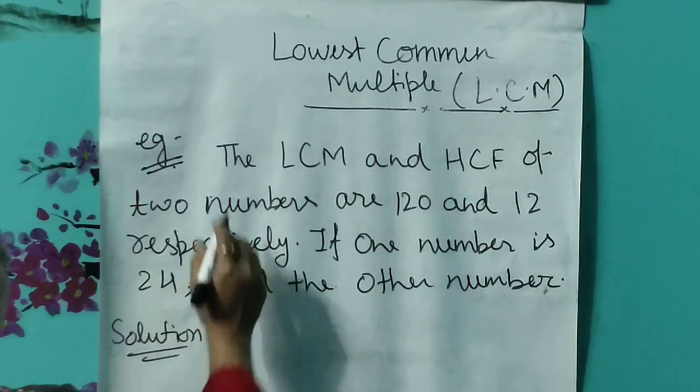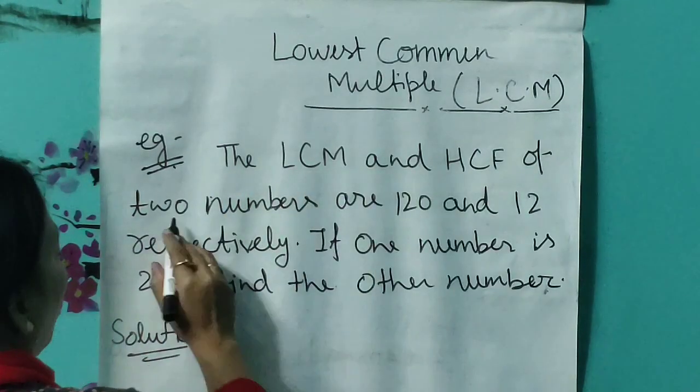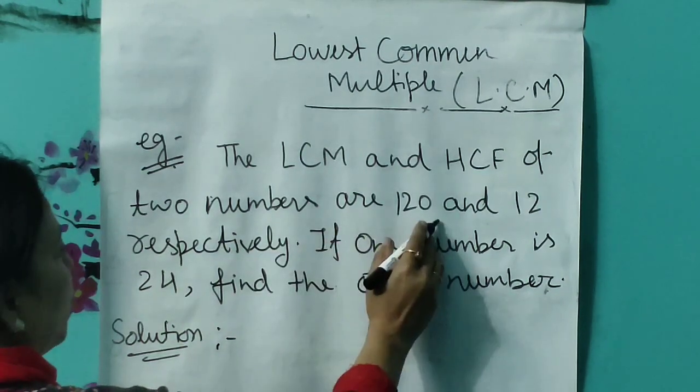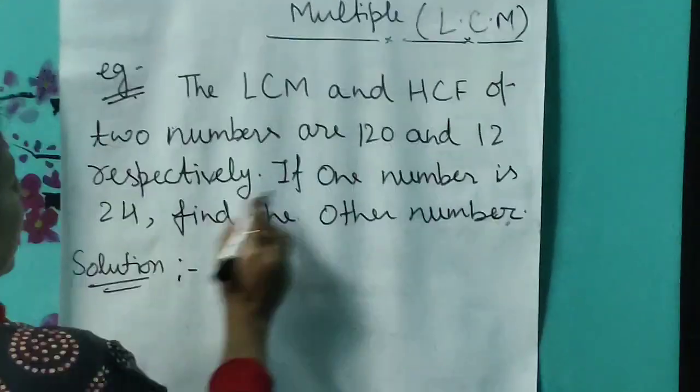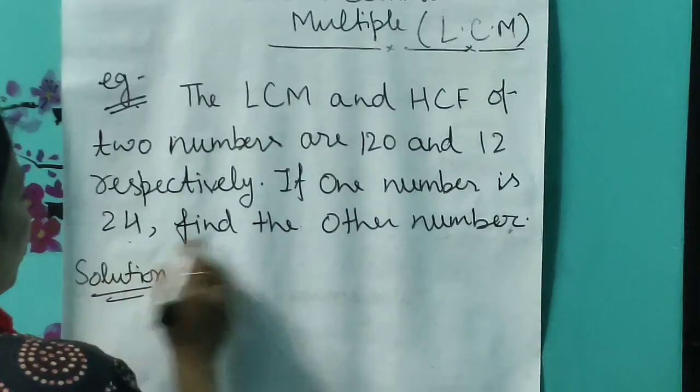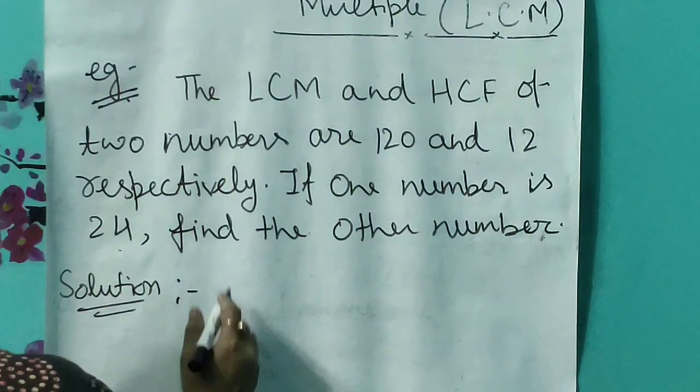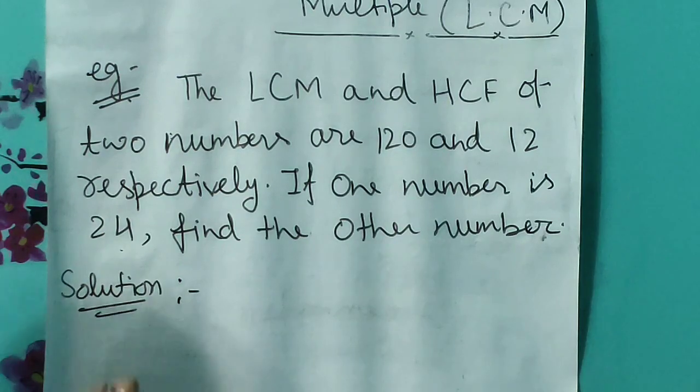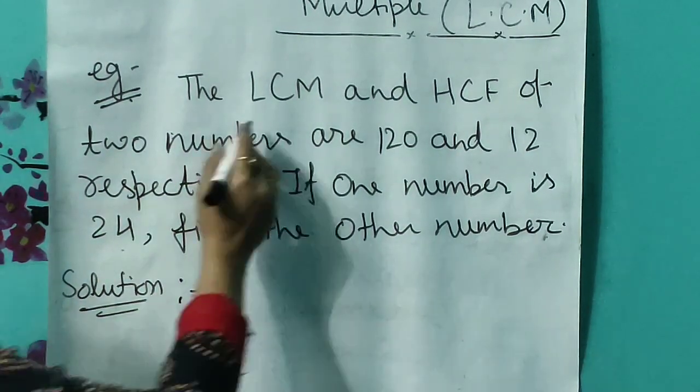Now the question is, the LCM and HCF of two numbers are 120 and 12 respectively. If one number is 24, find the other number. This is your question based on that formula. Now we will solve this. To solve it, first step is you note down what is given here.